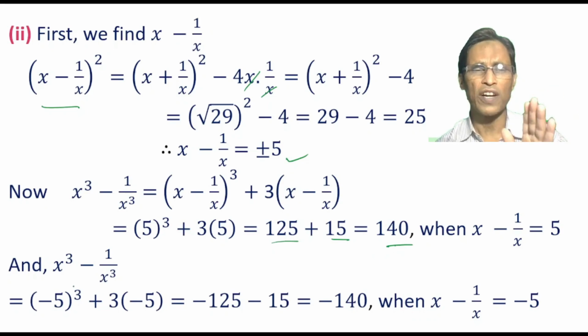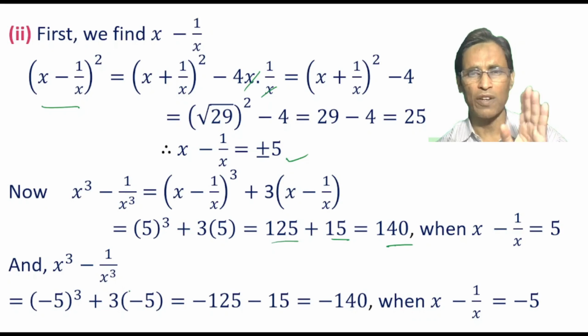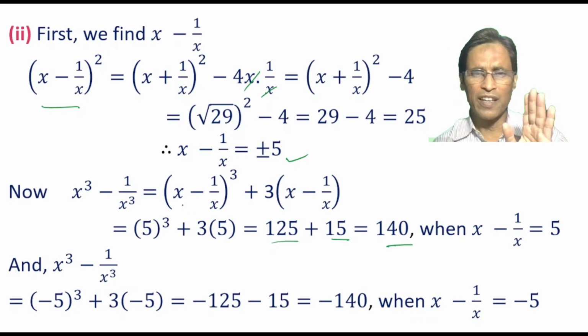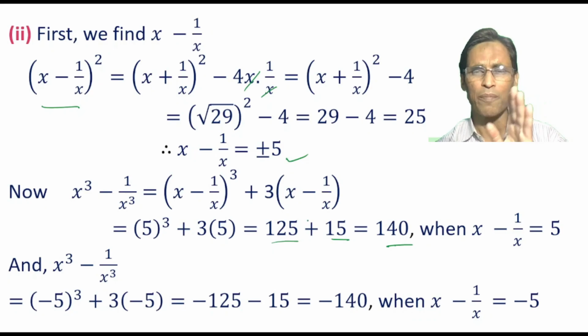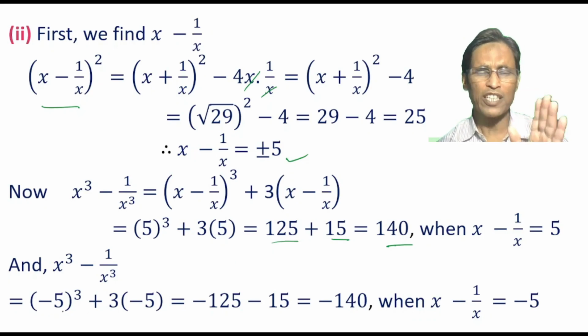Now we proceed to find the value of x cube minus 1 by x cube by taking the value of x minus 1 by x as minus 5. Clearly, we now replace x minus 1 by x here by minus 5, here and here. So by replacing x minus 1 by x by minus 5, we get (minus 5) to the whole cube plus 3 into minus 5.